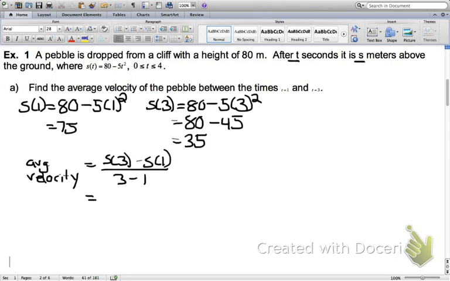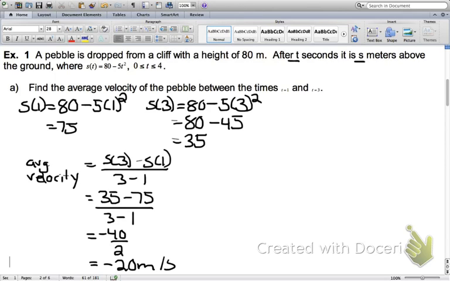Therefore, this will be equal to, oops, mistake there, I meant to say 35 minus 75, all over 3 minus 1. That gives us negative 40 over 2. Therefore, that will give us negative 20 meters per second. Therefore, we have a negative slope.